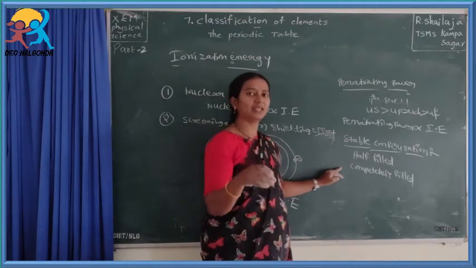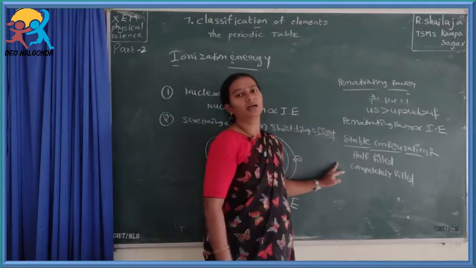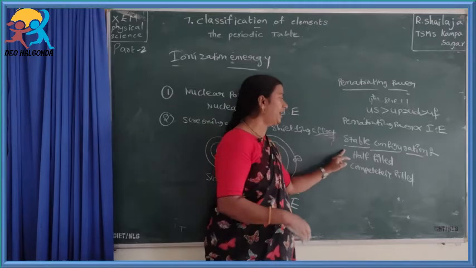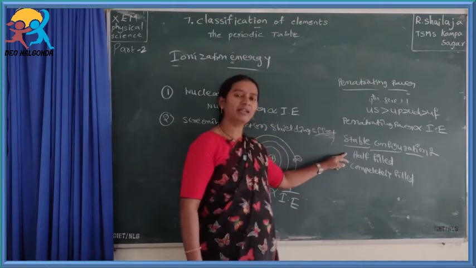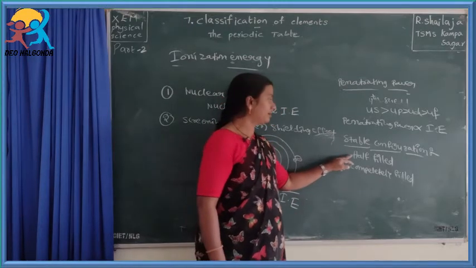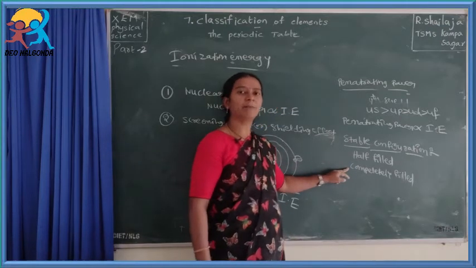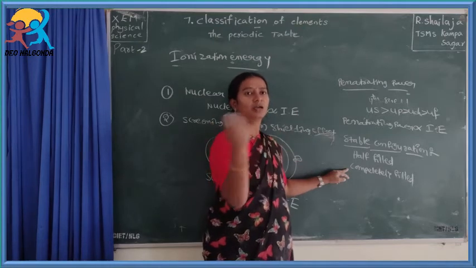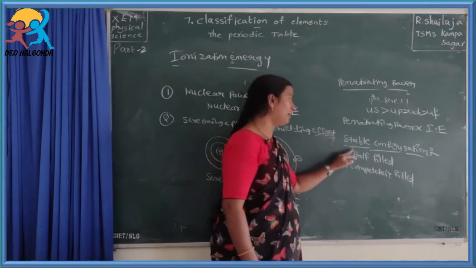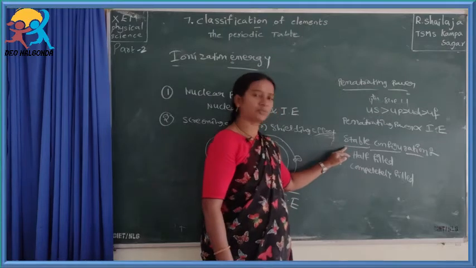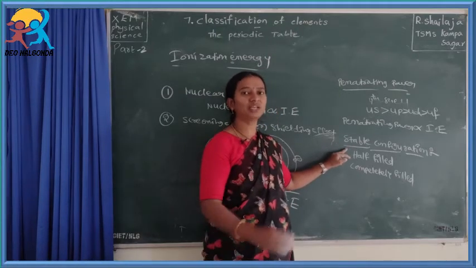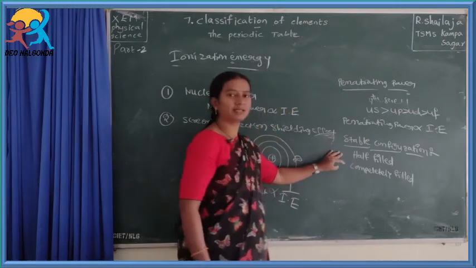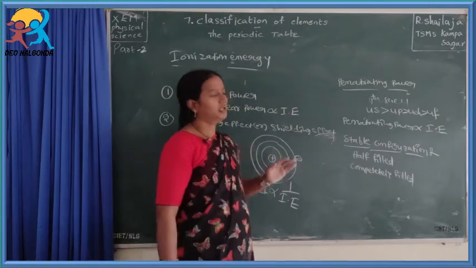In that case, removing an electron disturbs the stability of that electronic configuration, which is difficult. So, any element which has extra stability from a half-filled or completely filled configuration needs more ionization energy to disturb that stability. So, the stable electronic configuration of elements requires more ionization energy than other elements.